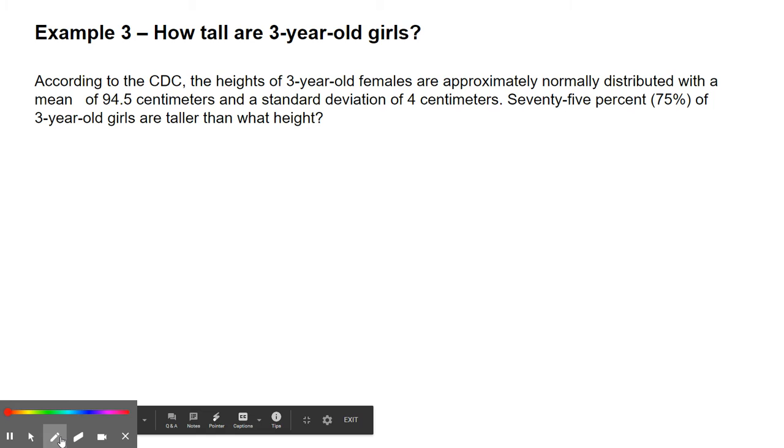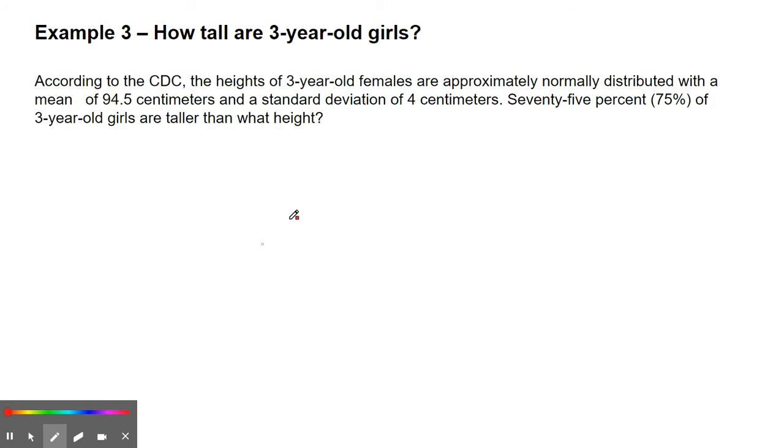All right, so it says, example 3, how tall are 3-year-old girls? According to the CDC, the heights of 3-year-old girls, 3-year-old females, are approximately normally distributed with a mean of 94.5 centimeters and a standard deviation of 4 centimeters. 75% of 3-year-old girls are taller than what height?